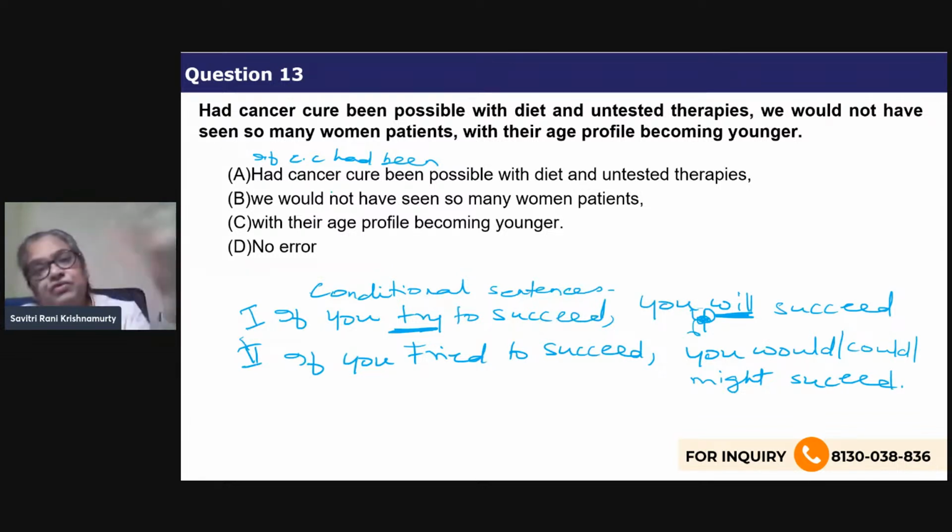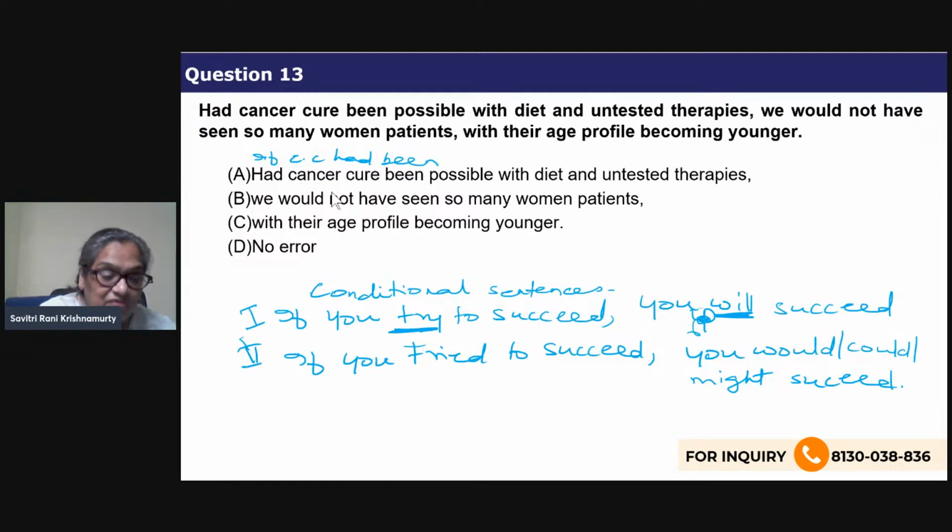These two are talking of the future. The first one, when the chances of your succeeding are quite high and you're confident of it, you use if with simple present in the if clause and simple future in the then clause. The second one uses past tense with would, could, might, because you're not very sure of the result.